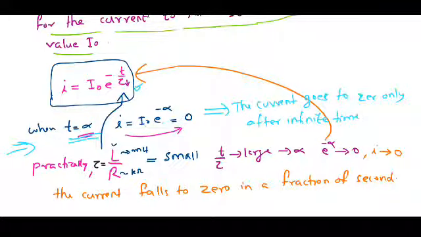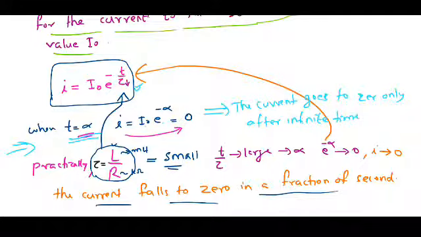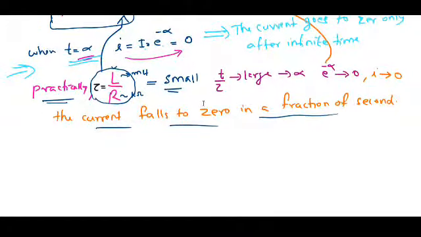But practically, because this ratio is smaller, the current falls to 0 in a fraction of seconds. Now, what will be the problem if the current falls to 0 in a fraction of seconds? I will discuss that later.